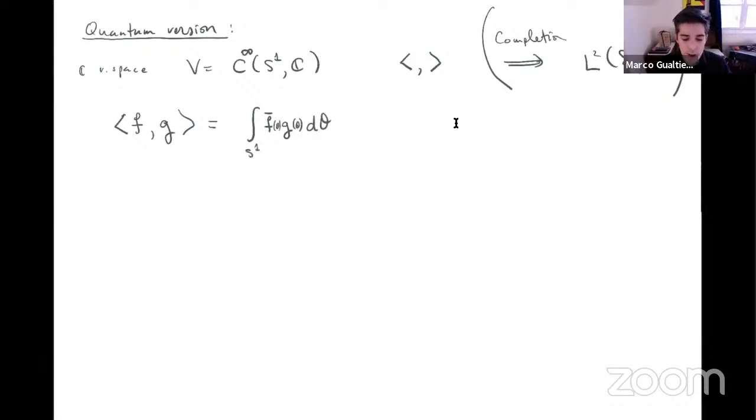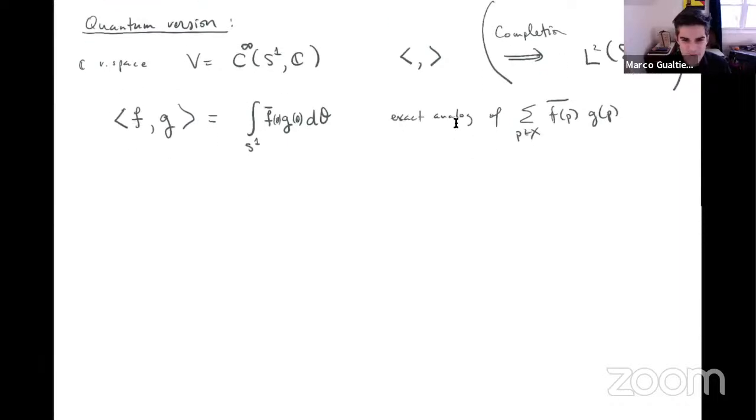Okay, so it's exactly the analog, the exact analog of the sum of f of p bar g of p, where p was an x. If you remember, that was the inner product that we used in the finite set case.